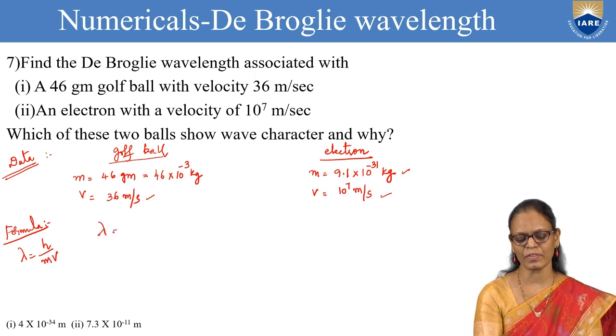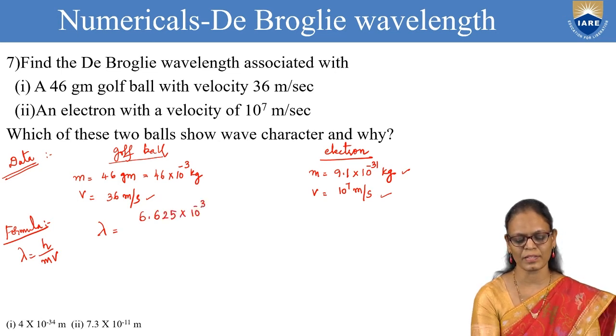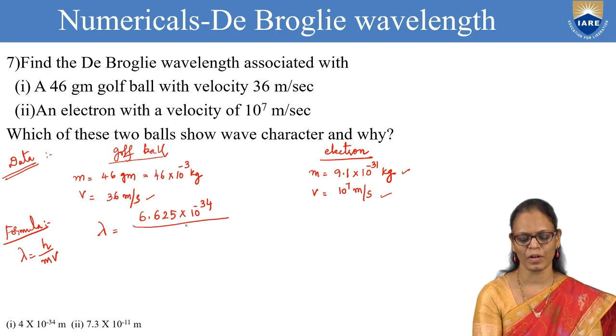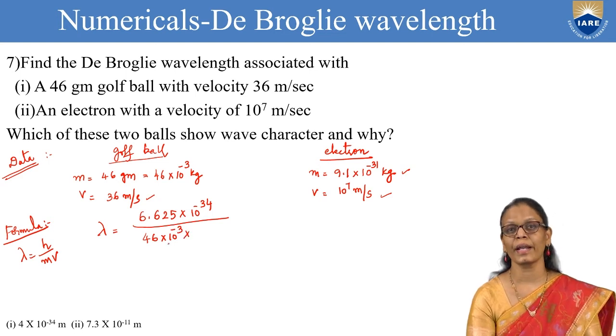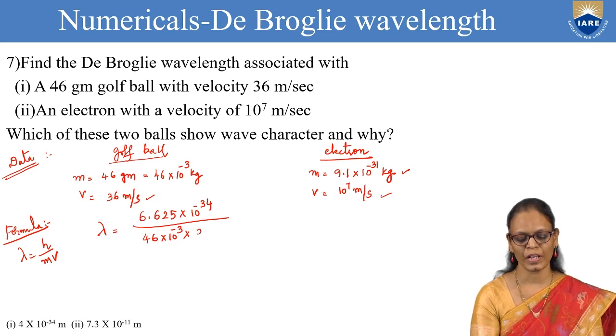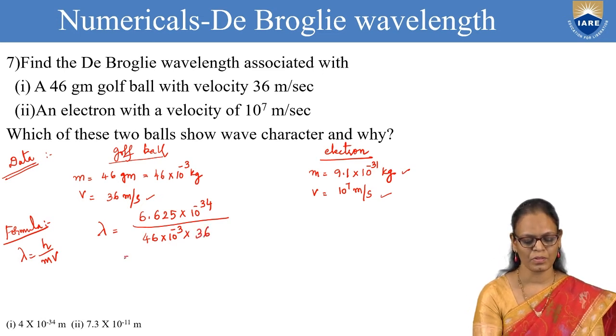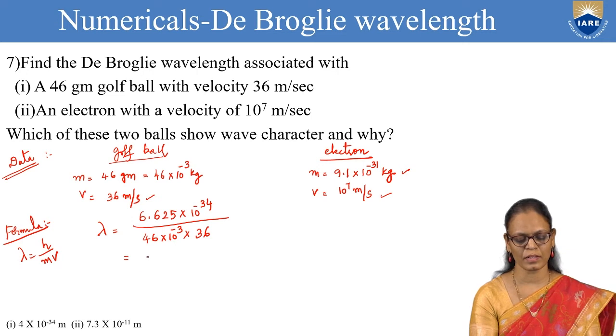So lambda here will be equal to h, a constant, 6.625 into 10 power minus 34, upon 46 into 10 power minus 3, this is in kilograms, into v, v is 36. You will get the answer as 4 into 10 power minus 34 meter.